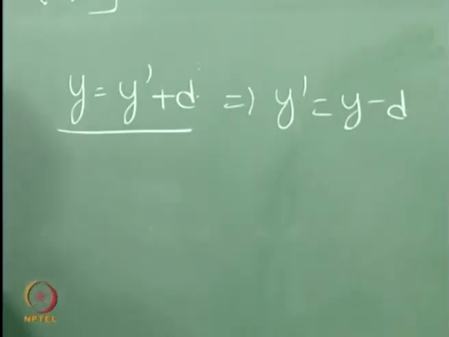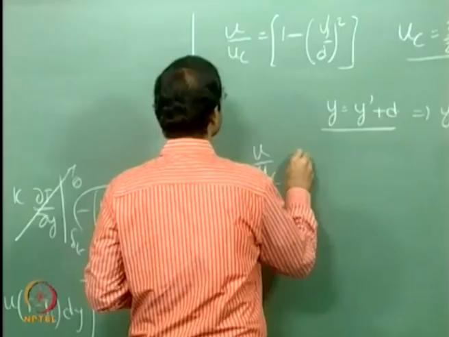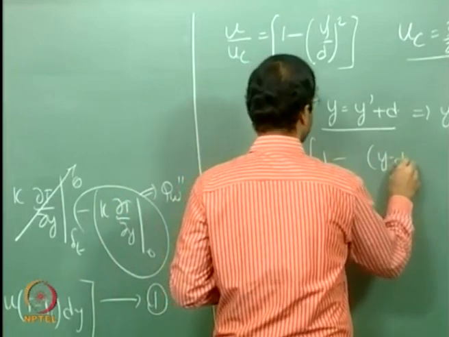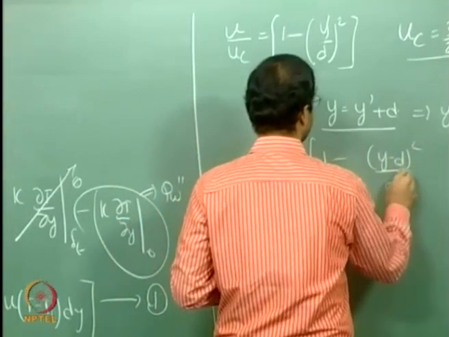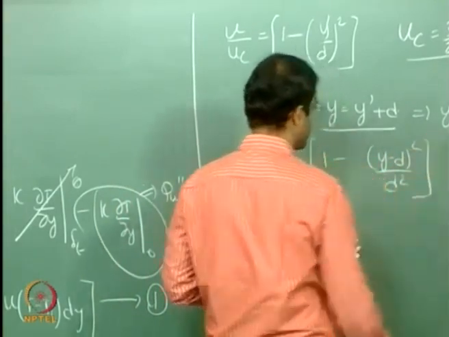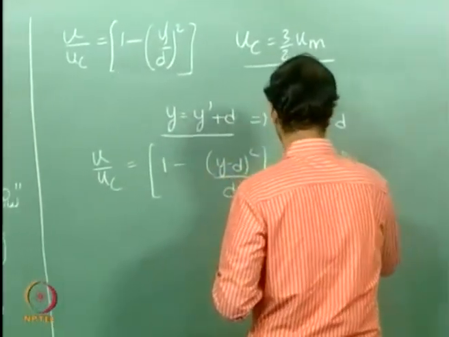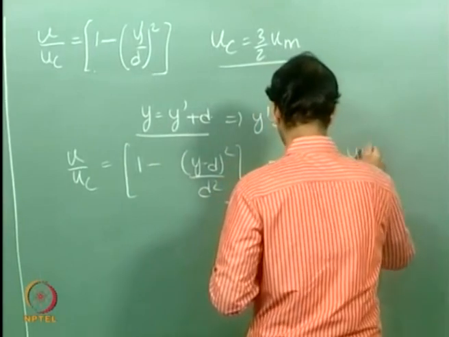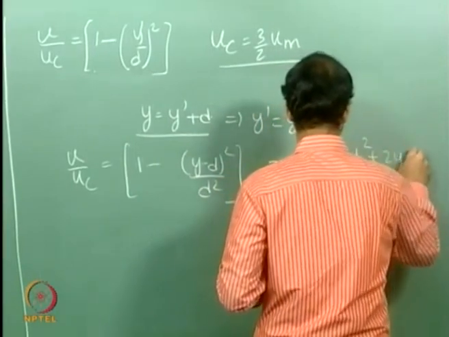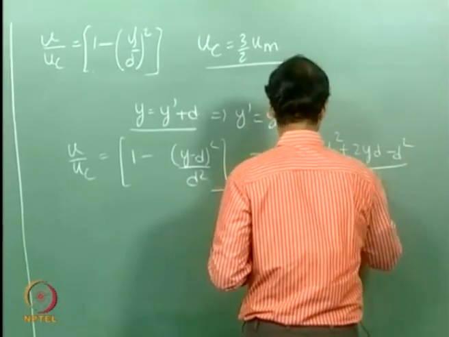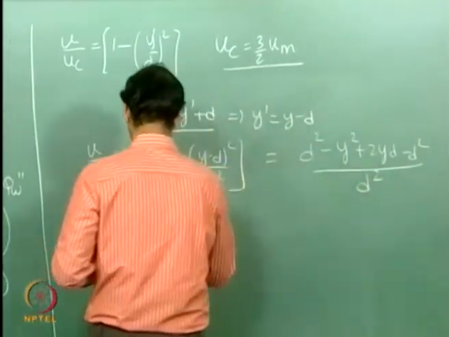So you can substitute for this y prime as y minus d into the profile, correct? So therefore this becomes u by u max equal to 1 minus y by d the whole square by d square, which if you expand you get d square minus y square plus 2yd minus d square by d square.